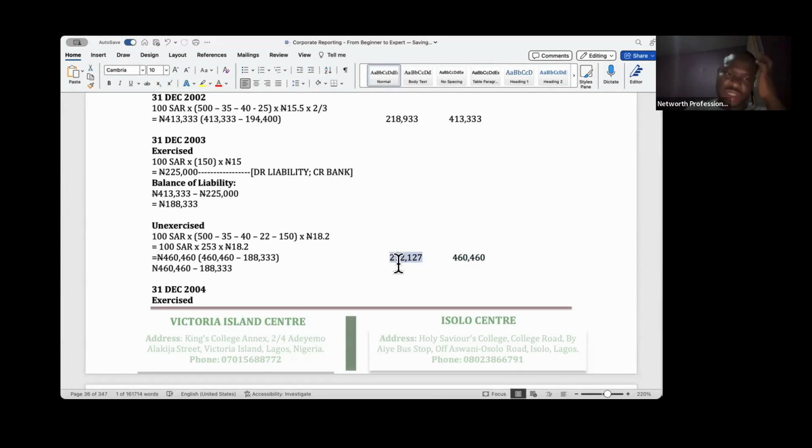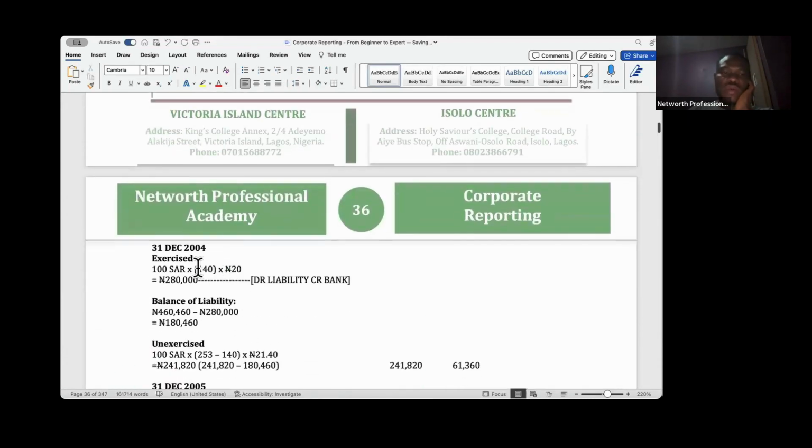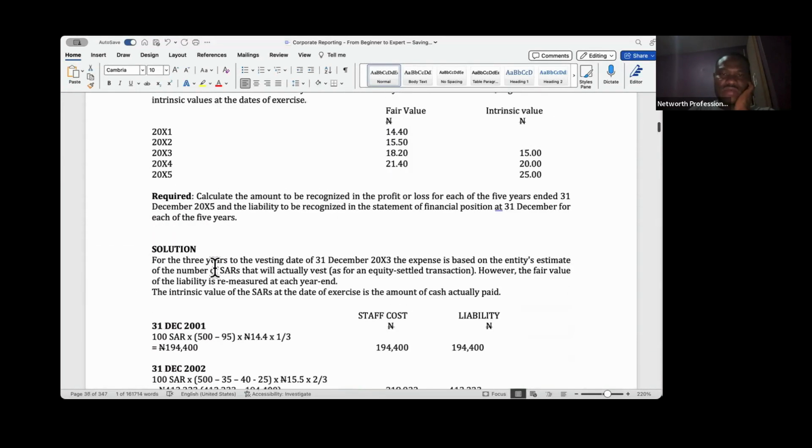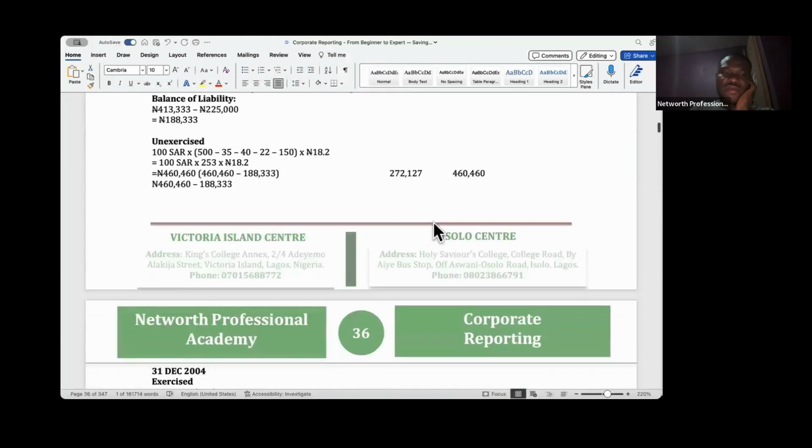So that's for 2003. Now in 2004, they told us that another 140 exercised. If you look at the question, 140 people exercised in 2004.